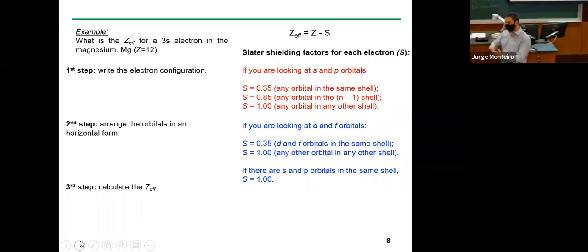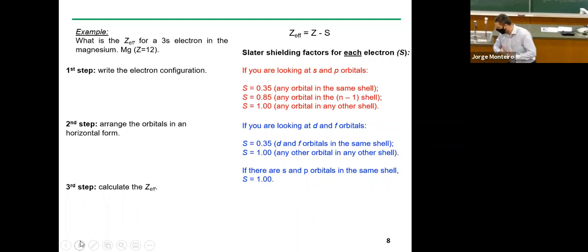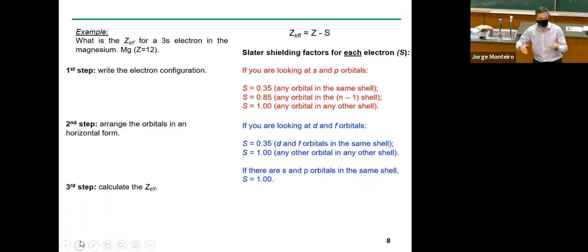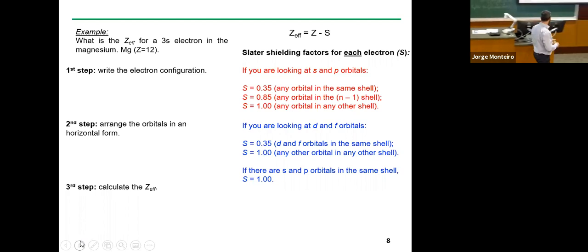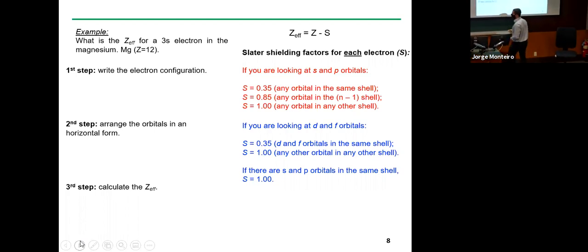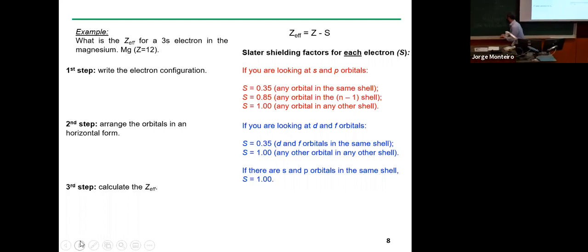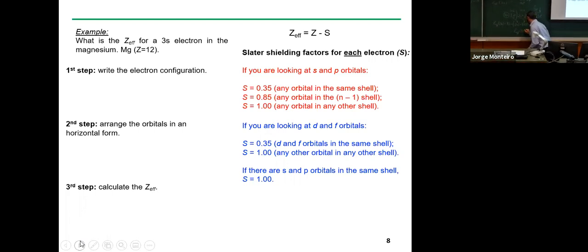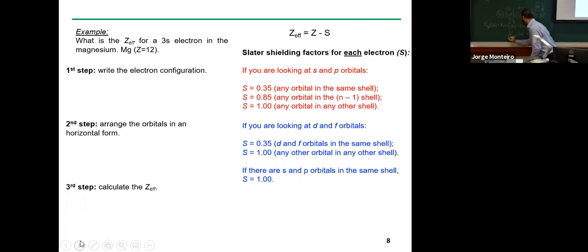So always count everything that is in front of the orbital you are looking at. Therefore, Z effective for the 3s orbital in the magnesium is, according to my numbers, 2.85.